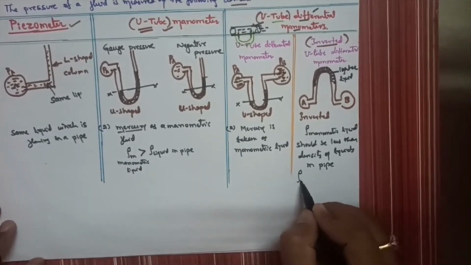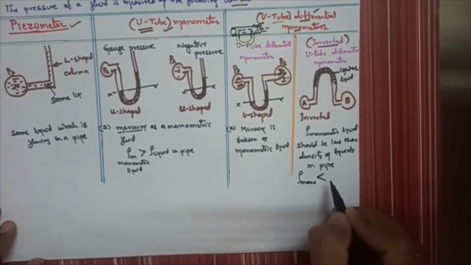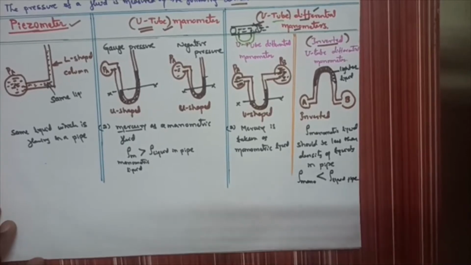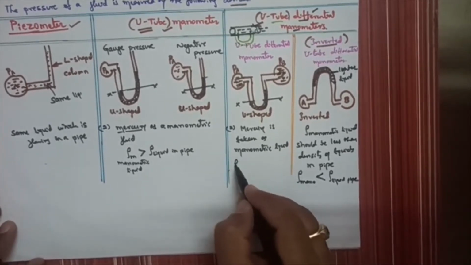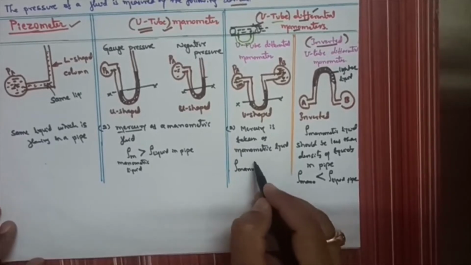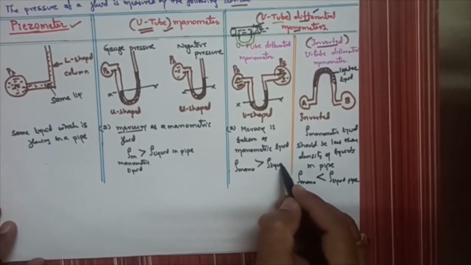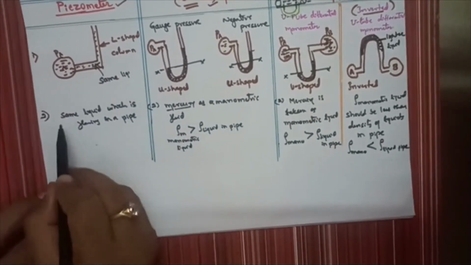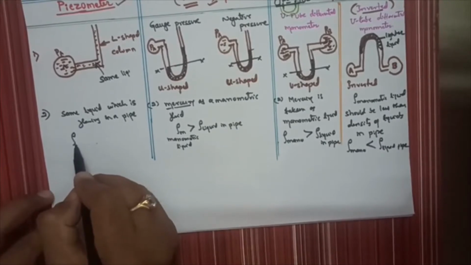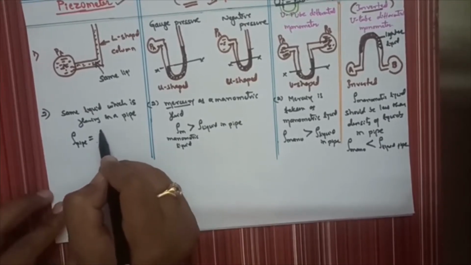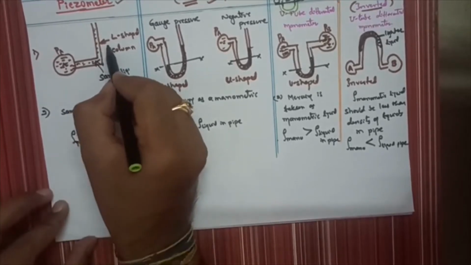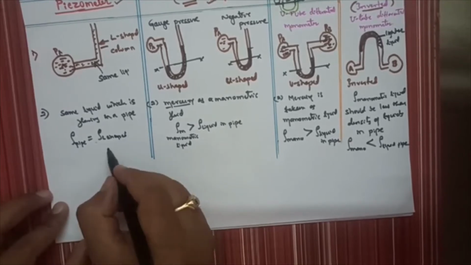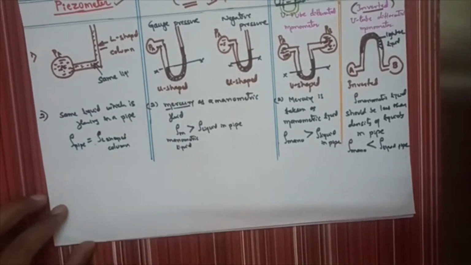Here the density of the manometric fluid should be less than the density of the liquids in the pipe, but there it should be more than the density of the liquid in the pipe. That is a major point. Here also it is the same as the density in the left column or L-shaped column. That is one difference.